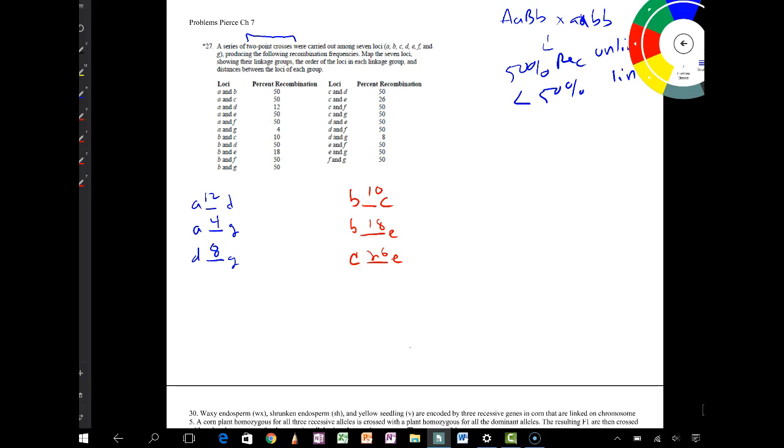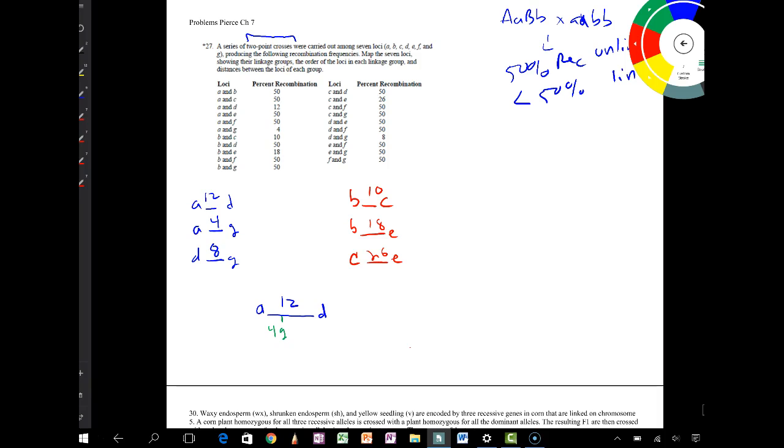So let's make a map of these genes. We know A and D are 12, and A and G are 4. We could put G down here because A and G are 4.